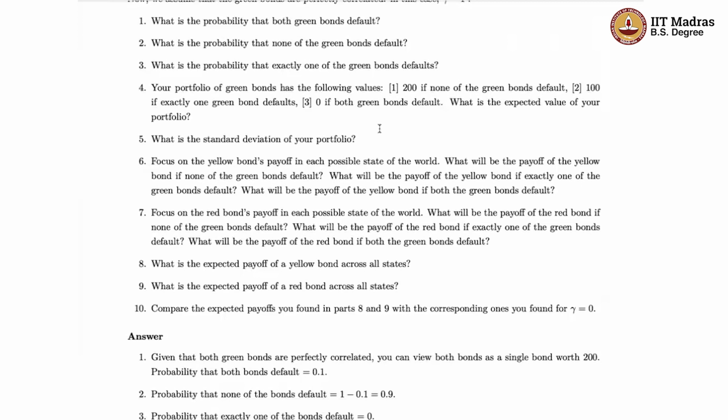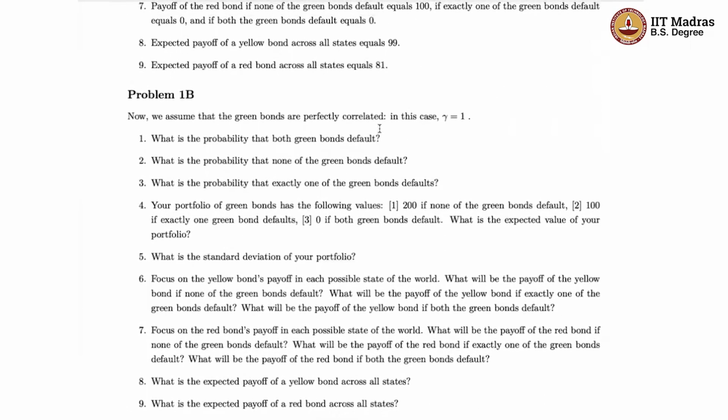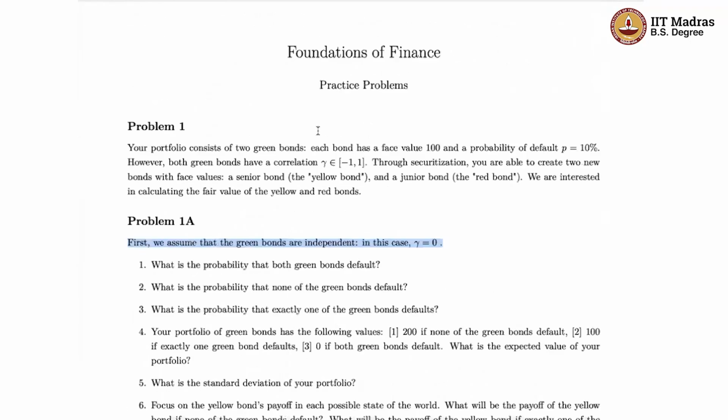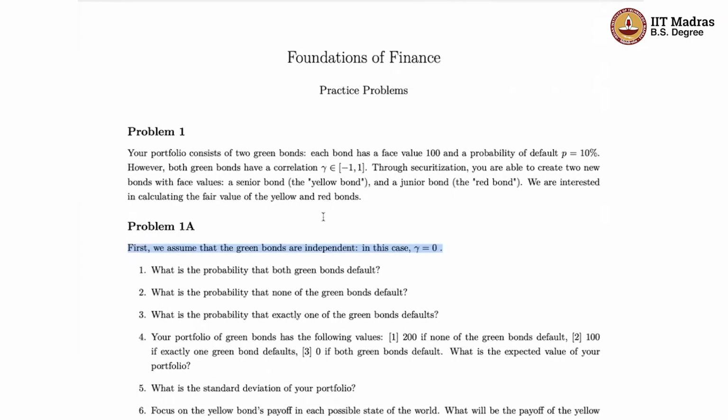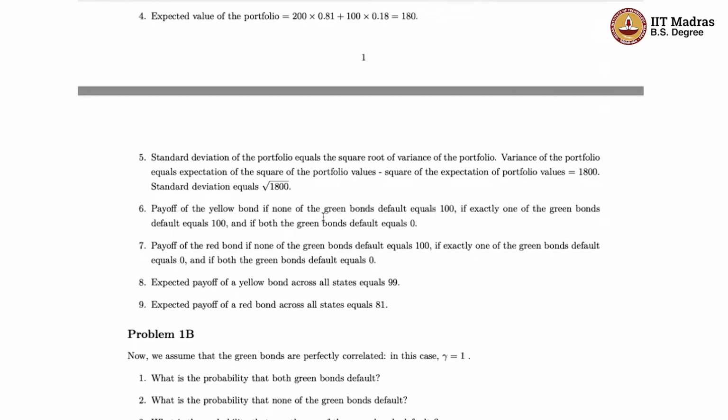And then we can think about what's the probability that they are both going to default, and what's the probability that none of them default. These are the only two things that can happen, because they are perfectly correlated. So the probability that both of them are going to default is the same as the underlying probability that any one of them is going to default, right? So that's 0.1.